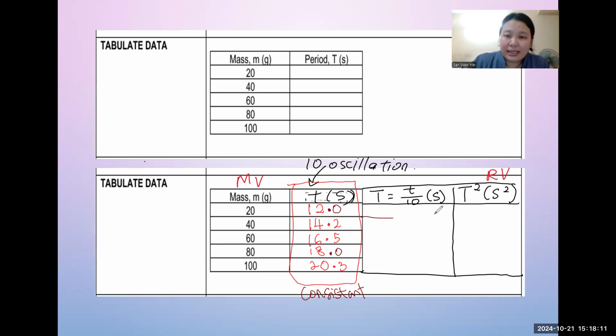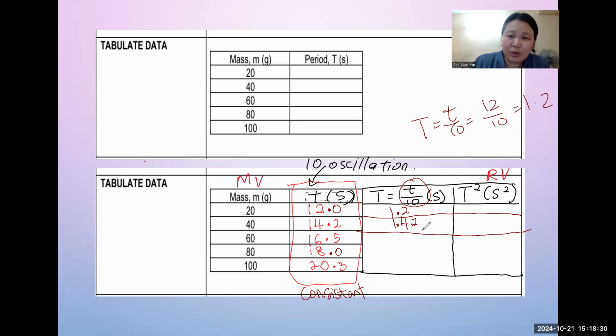Okay, so let's say if you continue to here, so this one would be T equals T over 10, right? So it's 12 divided by 10, 1.2 lah. So 1.2. And this one will be 1.42. Again, what's wrong here?